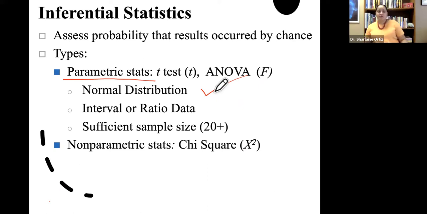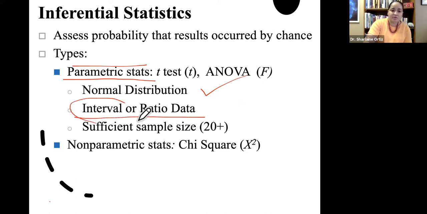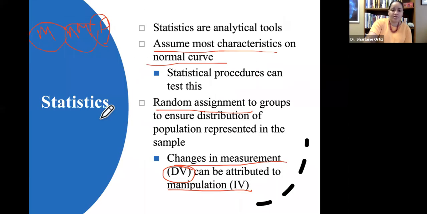The other thing, if you remember from our previous slides, is that in order for us to conduct parametric statistics, that data had to be measured on an interval or ratio scale.